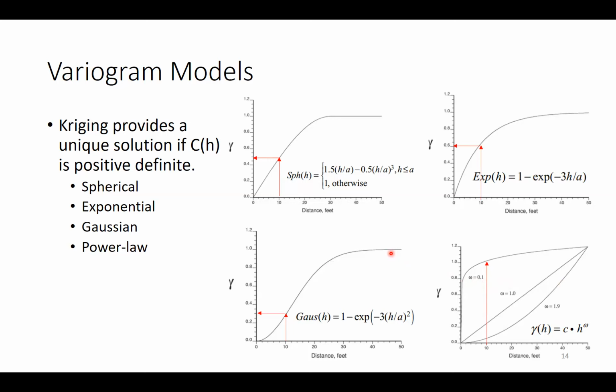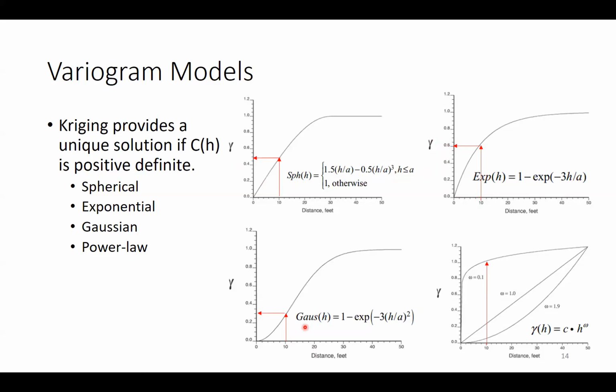But here, for example, if we pick distance 10 and draw a line to cross the variogram model, and then read the value of the variogram, for this case it is around 0.5. But another equation shows something different, around 0.6.